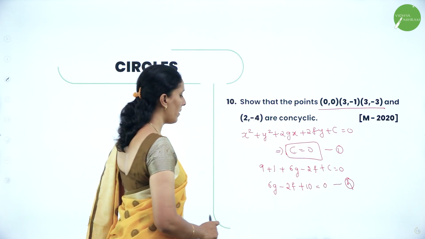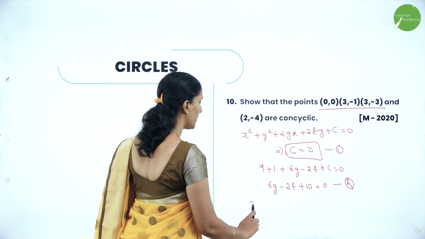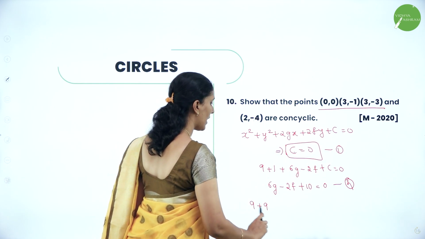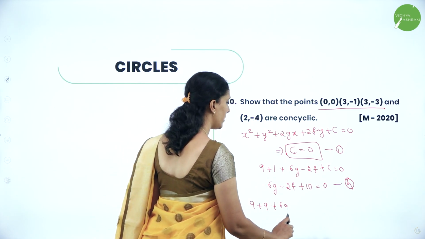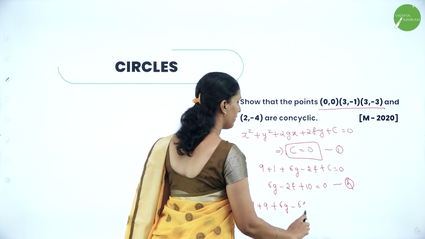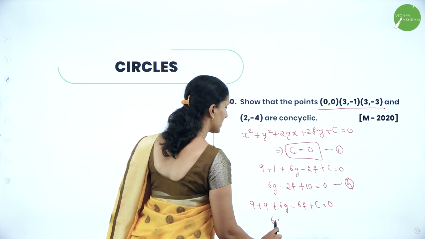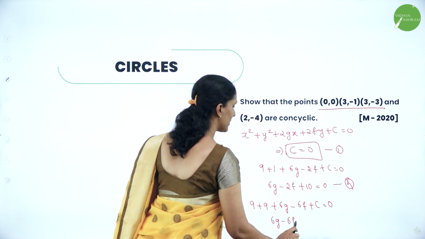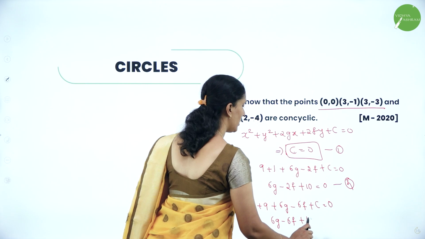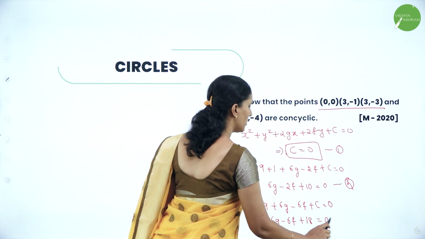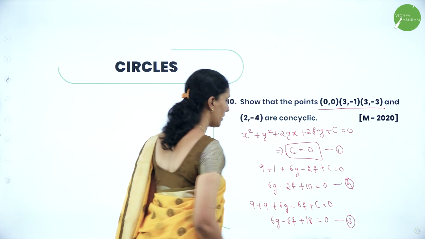Next, we have (3, minus 3). So (3, minus 3) means 9 plus 9 plus 6g minus 6f plus c is equal to 0. So we are left with 6g minus 6f plus 18, c value is 0. So let's take this as equation 3.